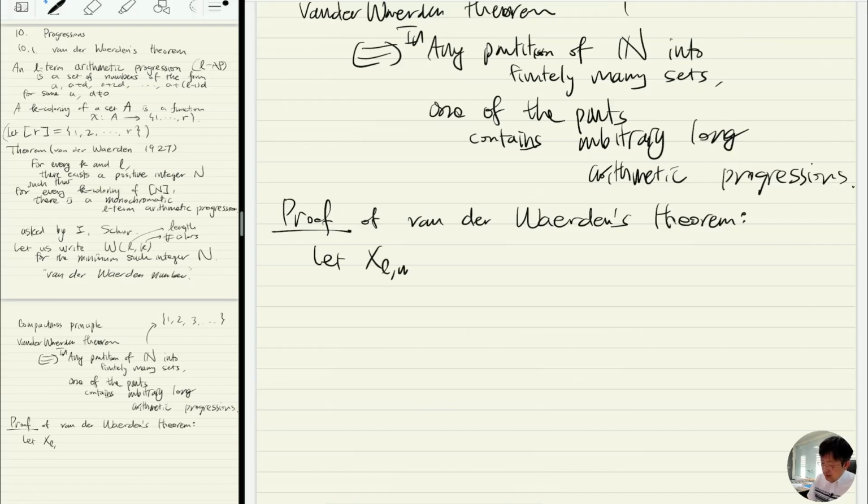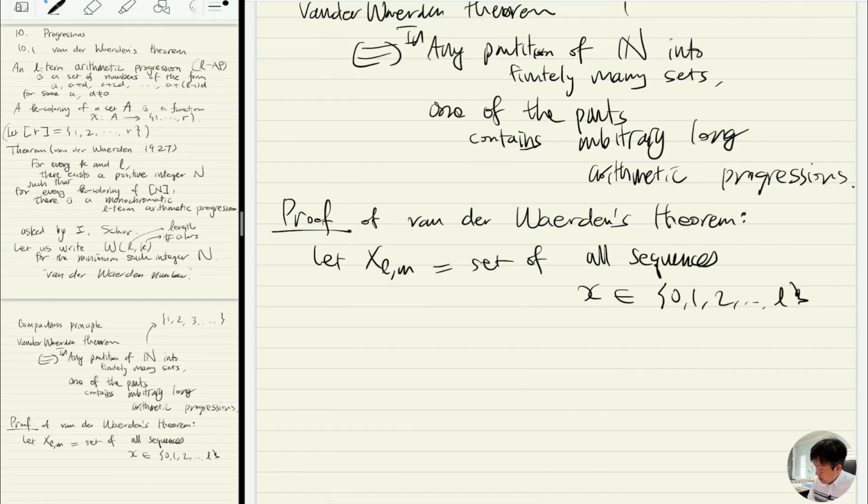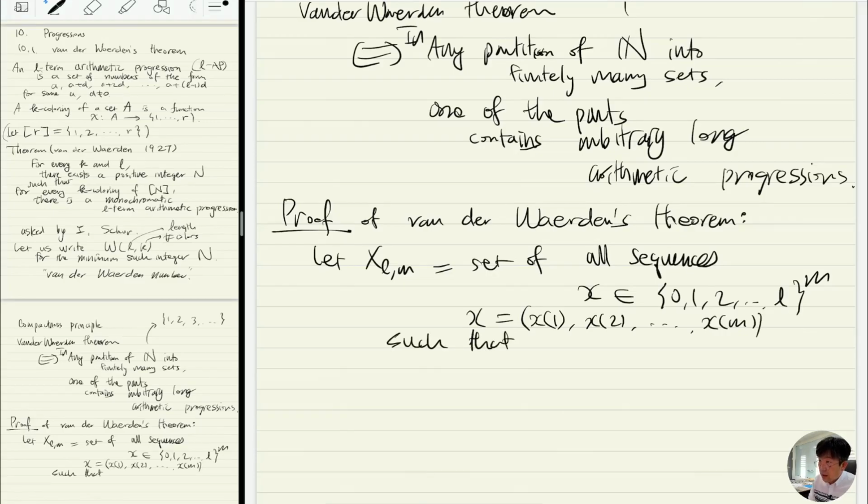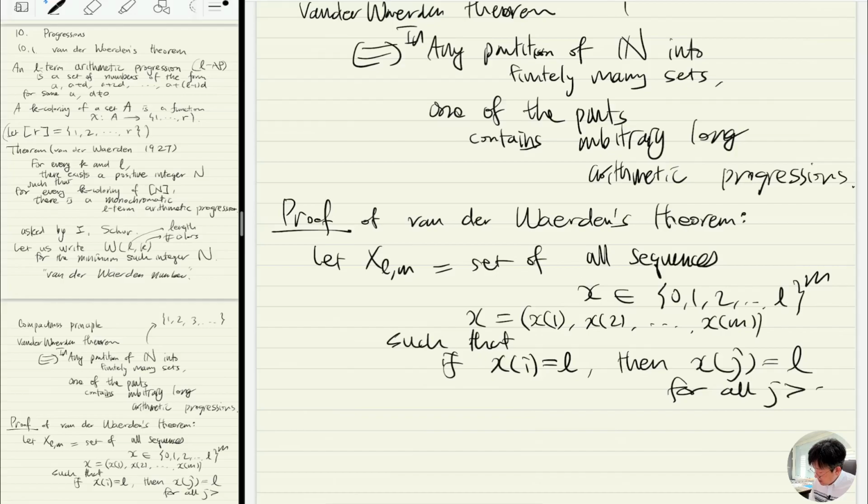So let X(L,M) be the set of all sequences x of length M with entries in 1 up to L, so sequences of length M. But you can think of it as a function, so you have x1, x2, up to xM, such that if xi is L, then xj is L for all j bigger than i.